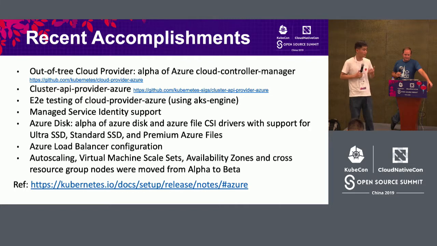Okay, and the next one is about the AzureDisk and AzureFile plugin. The AzureDisk and AzureFile plugins also depend on the Azure cloud provider to make requests to Azure and, for example, create some persistent volumes from Azure. For AzureDisk and AzureFile, we have set up the CSI drivers. That is part of the job to achieve the out-of-tree cloud provider.